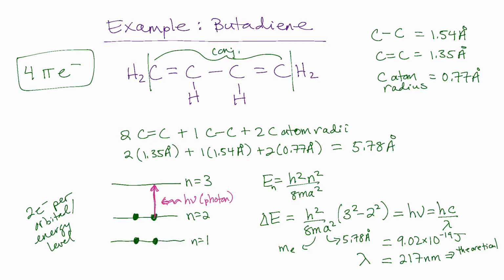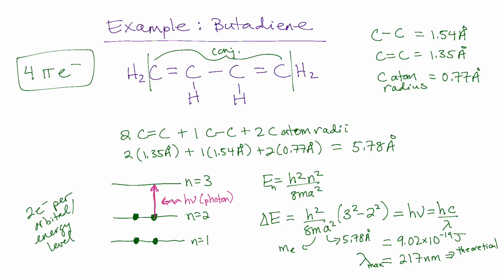The last thing we want to do is to compare that to an experimental value and see how well our model did. Remember, we haven't done any experiments yet. All of this is just using our particle in a box model to see what we would expect. This is essentially going to give you your lambda max, which tells you where your peak in your UV vis spectrum should be located.